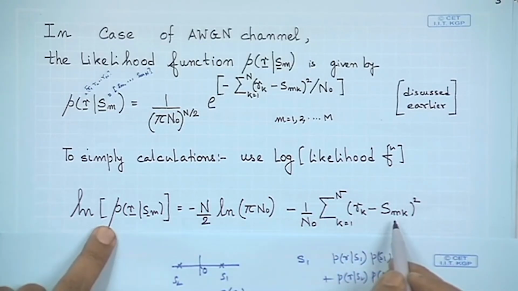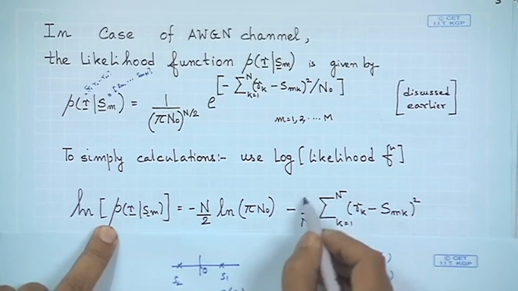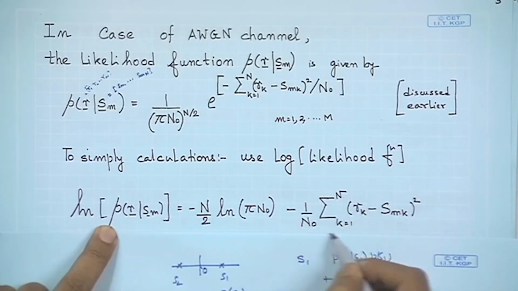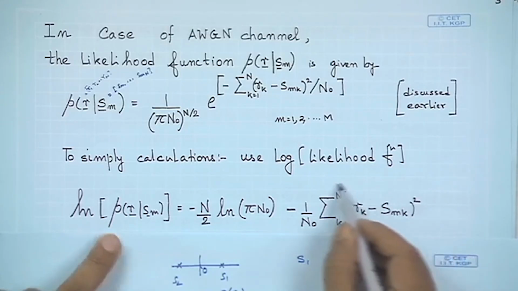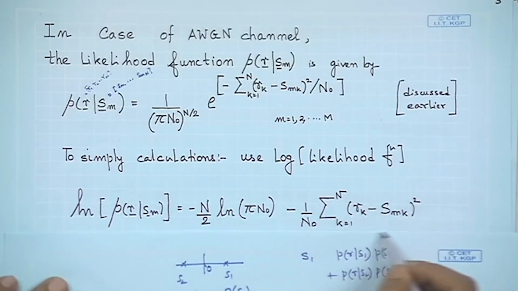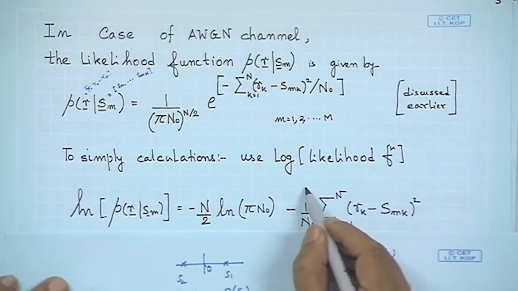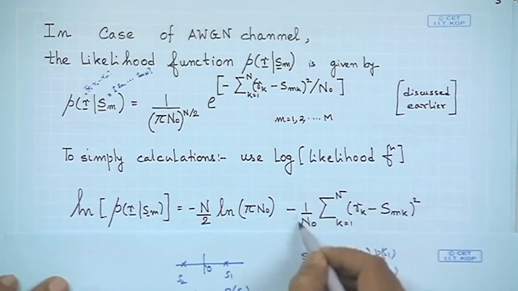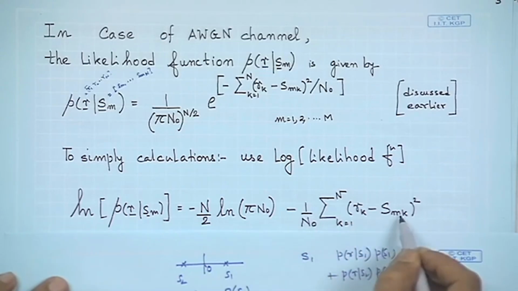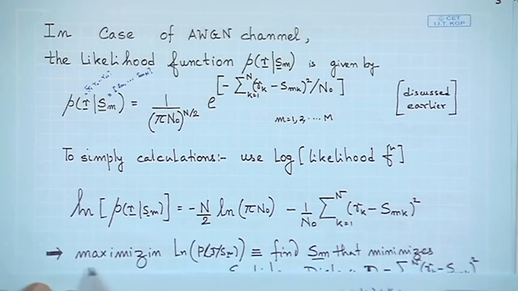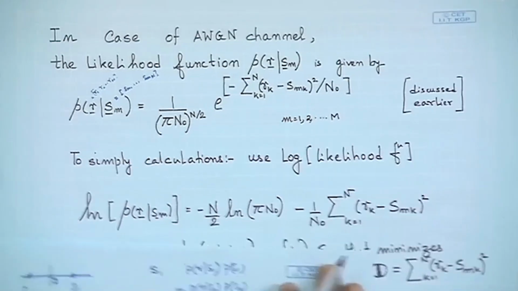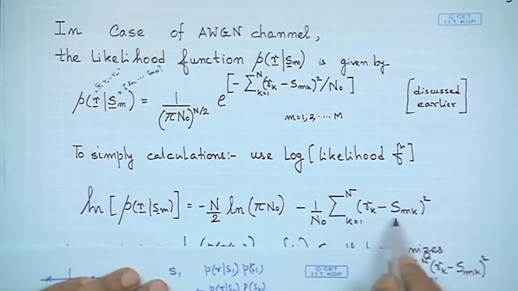If we want to maximize this, since there is a negative sign and we take this part separately, it is as good as minimization of this part of the expression. Again, since n naught is constant and not dependent on m, I could take minimization of this particular part. That means maximization of the log likelihood function is the same as finding the vector Sm that minimizes this particular expression.